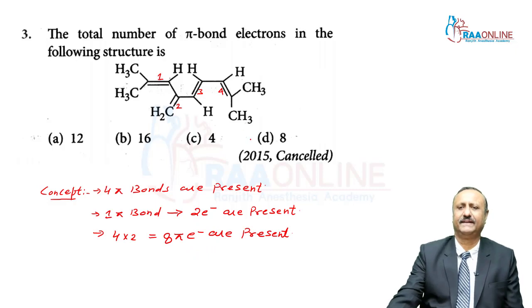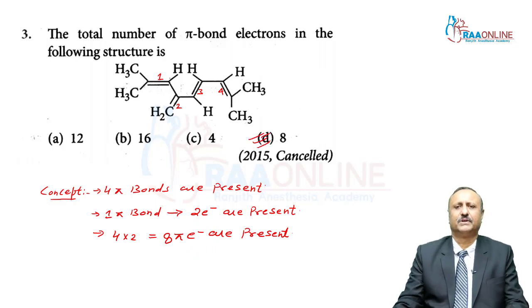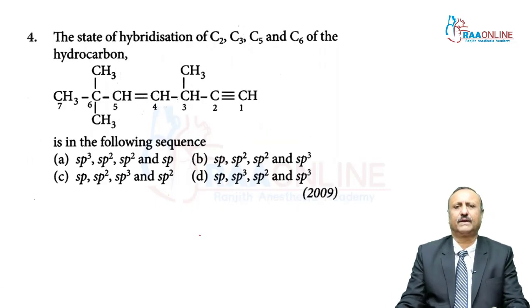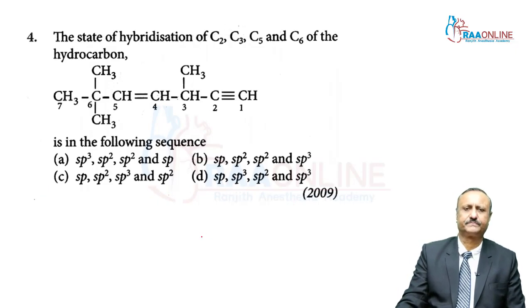So, answer is D. Now, my dear students, we can go to question number 4. Here in question number 4, we can see the same thing. This question also asks about sp, sp2 and sp3 hybridization in the carbon atom, and here it asks for the C2 carbon atom. Here you can see C2, where is C2?